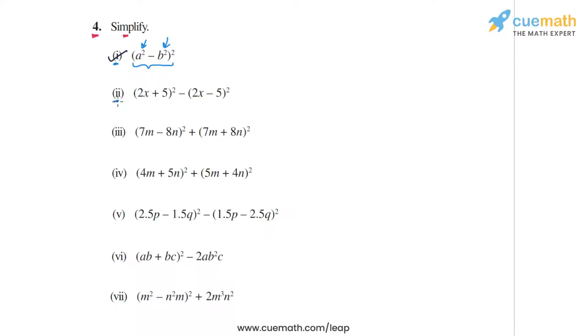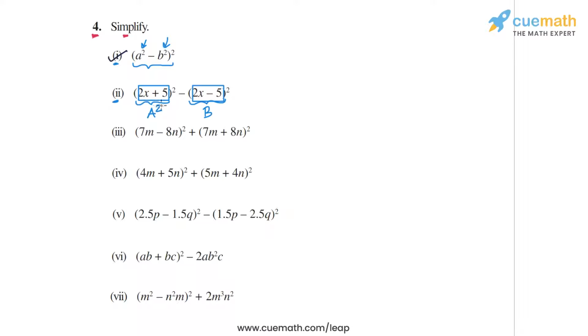Next we come to part 2, in which we have this expression (2x + 5)² − (2x − 5)². Now this expression can be simplified in a very interesting manner. Instead of expanding these two parts separately, we can note that this whole expression is of the form a² − b², where a is 2x + 5 and b is 2x − 5.